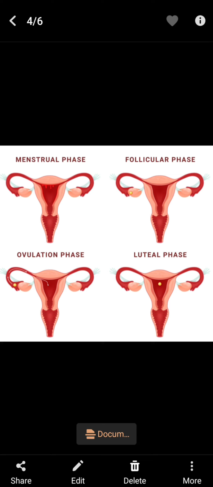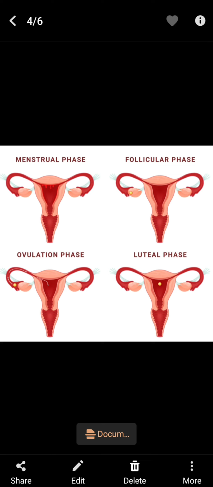Next is the follicular phase. The follicular phase lasts up to 13 days. In this phase, eggs start to grow in the ovary with the help of pituitary hormones. Only one egg will get matured among them on the 13th day. Follicle stimulating hormone will line the uterine wall with blood vessels.